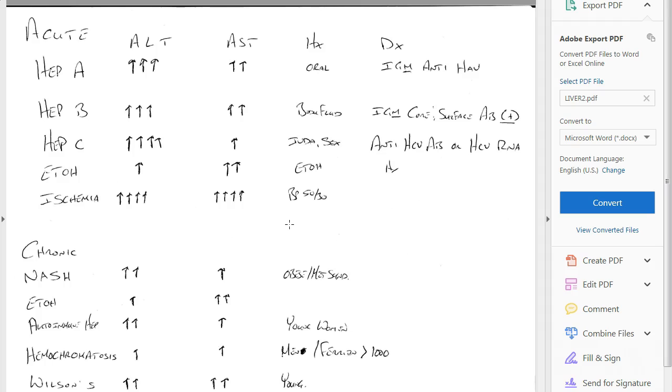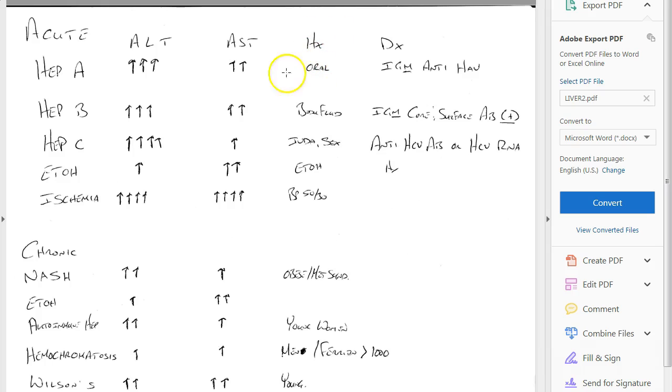So we'll start with some of the acute issues. Again, this is acute, not chronic. Acute. Acute hepatitis A. You see massive elevations in your ALT. You'll also see elevations in your AST as well, but your ALT is typically going to be a lot higher than your AST.